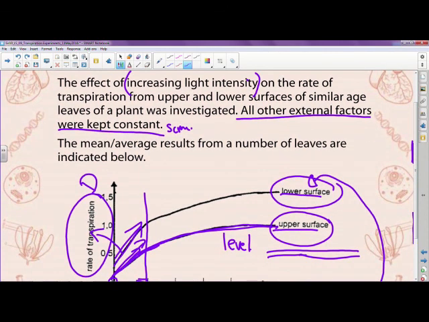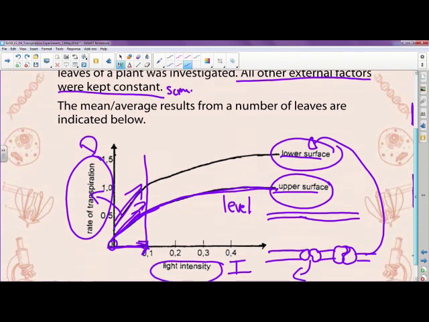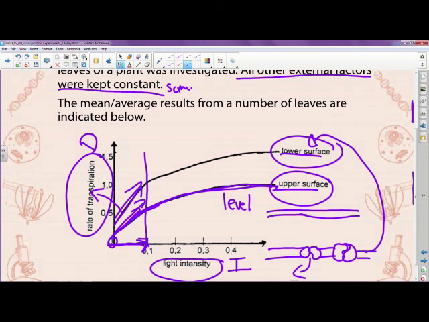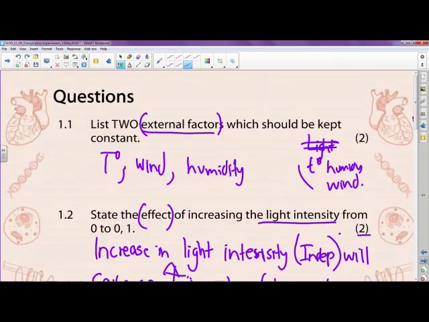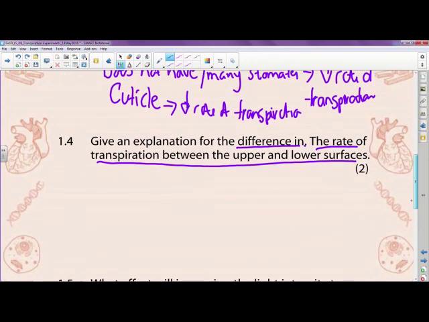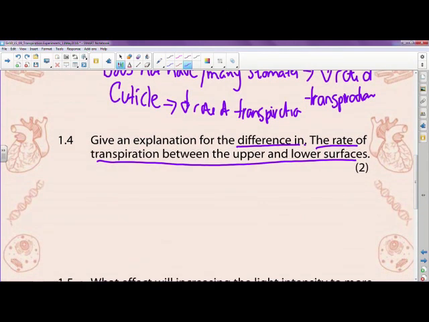That my upper surface had a lower rate of transpiration than my lower surface. And when we looked at the diagram of the leaf, what did we see? That stomata are usually found at the bottom. So give an explanation for the differences in the rate. You would say, explain the difference.